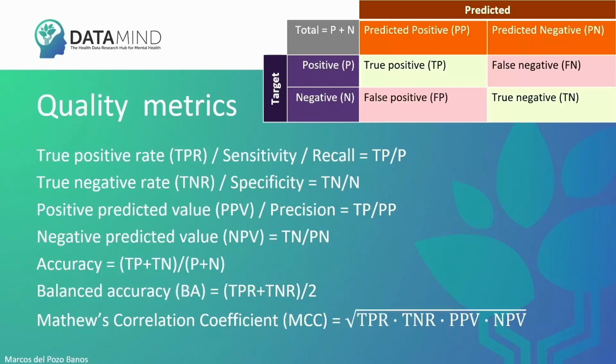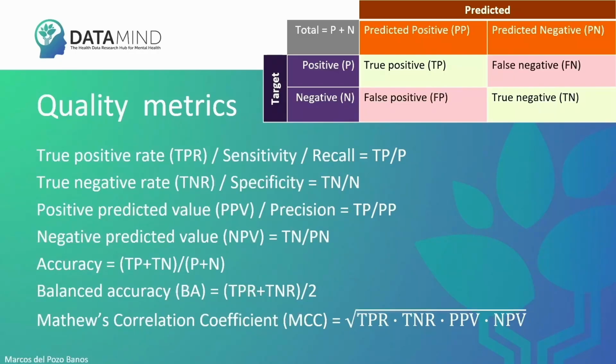So just using the balanced accuracy doesn't tell us, for example, how well the model predicts true positive samples, or how well the model predicts negative samples. It gives us an average of those two. And it doesn't tell us, of all the samples that we predict as positive, how many of them were positive. So it doesn't tell us anything about the positive predicted value or the negative predicted value.